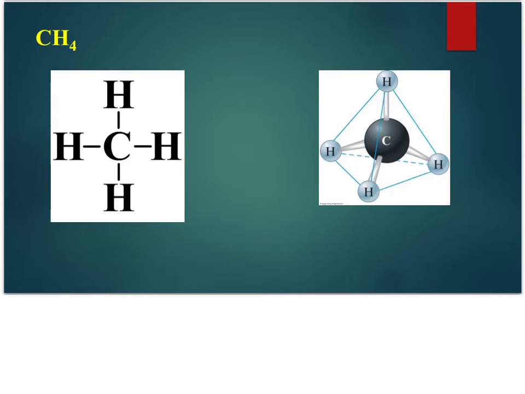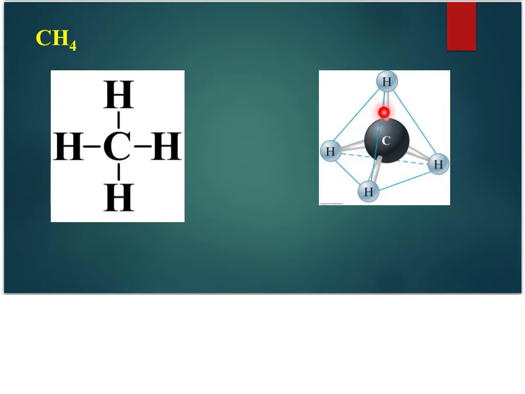Methane, CH4. So this here is our electronic structure, carbon in the middle as usual. 1, 2, 3, 4 groups, 4 areas of bonds, 0 lone pairs. So we get tetrahedral as our electronic structure and tetrahedral as our molecular structure. So let's see why we get tetrahedral. Again, the bonding groups want to be as far apart as possible and in a 3-dimensional shape.